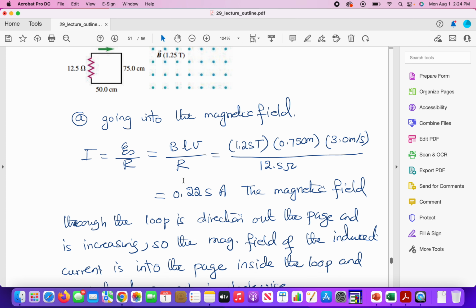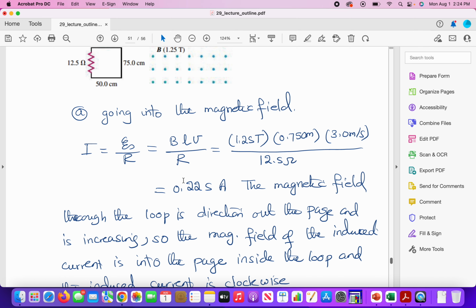The magnetic field through the loop is directed out of the page, and it is increasing, so the induced magnetic field is going to be into the page, because remember, if the flux is increasing, the induced field should be opposite to it.